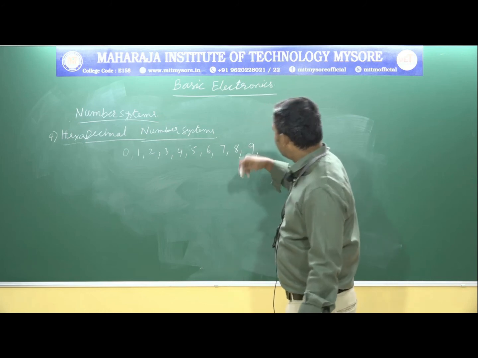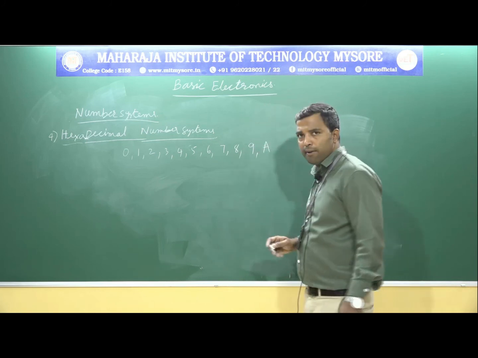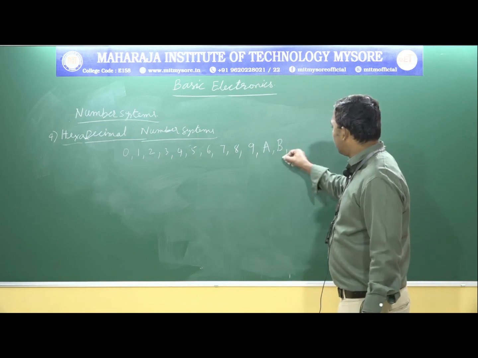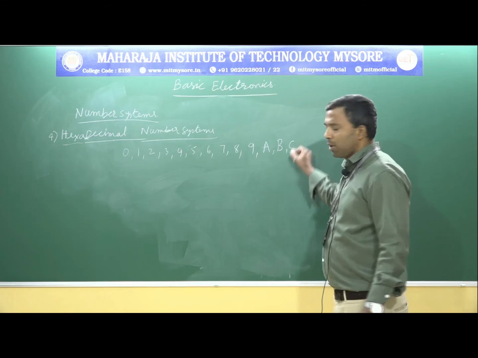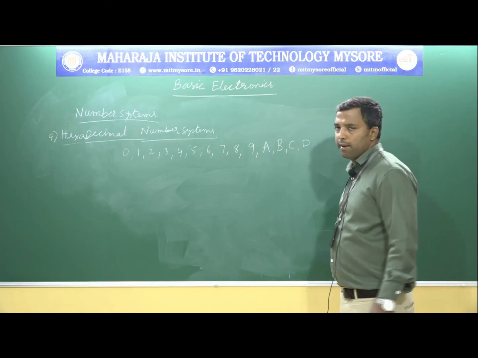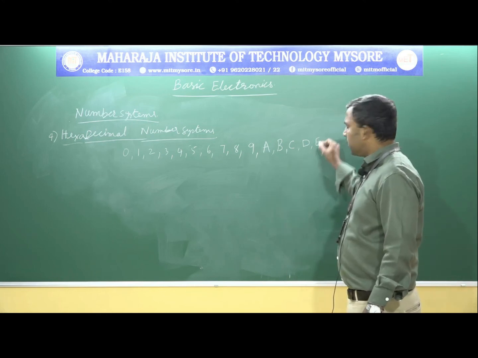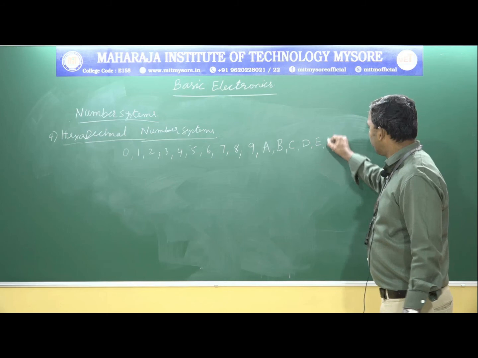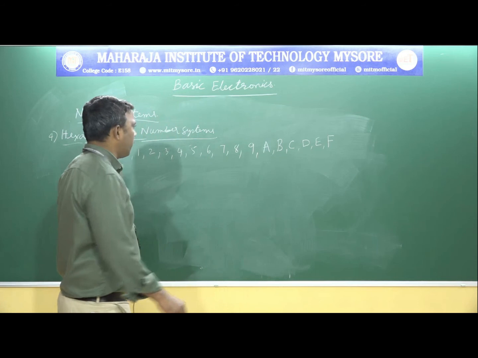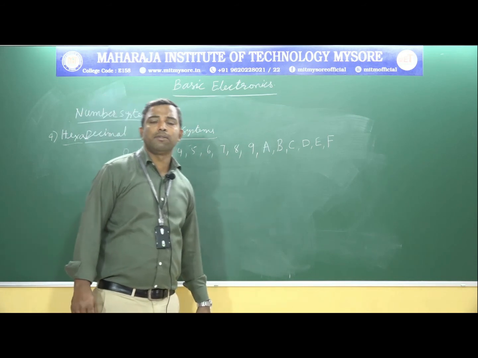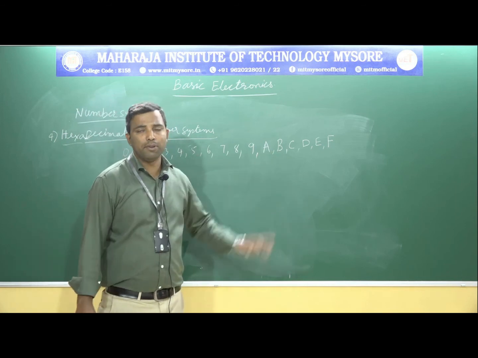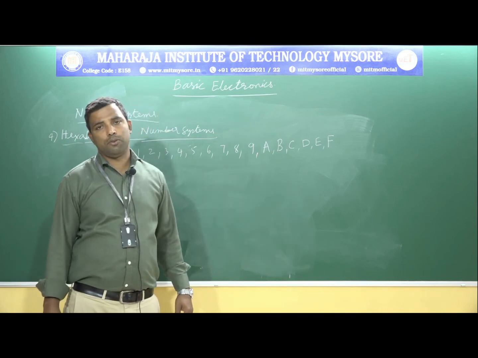Next, 10 is represented by A, 11 by B, 12 by C, 13 by D, 14 by E, and 15 by F. From 0 to F, totally 16 symbols are used to represent hexadecimal numbers.